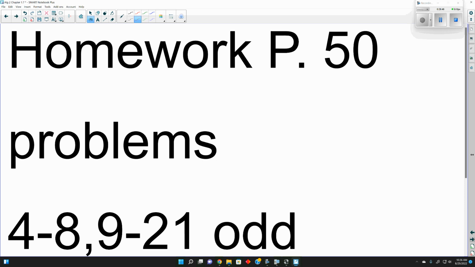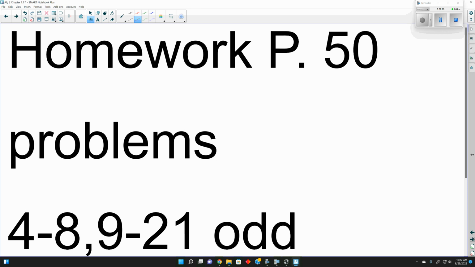So problems 3 through 6, perform the indicated operation if possible. If possible. 7 and 8, describe and correct the error in adding the matrices. So you'll need to kind of describe what they did wrong and then correct it.